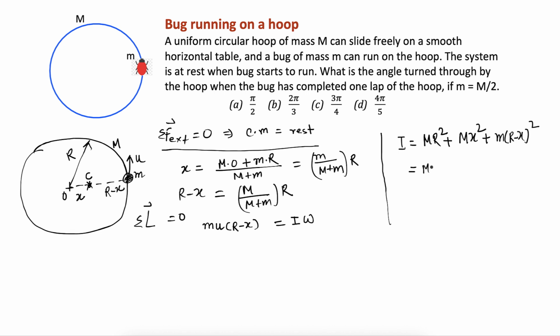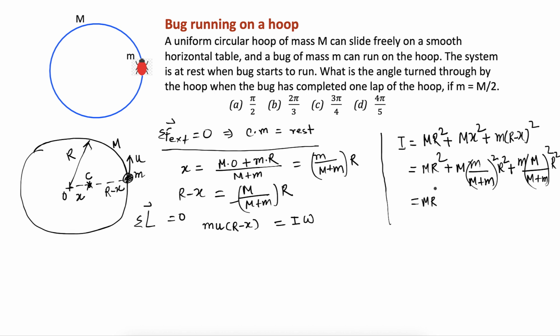Therefore, this is M r square plus M times (m by (M plus m)) whole square r square, and r minus x is here, so m times (M by (M plus m)) whole square r square.